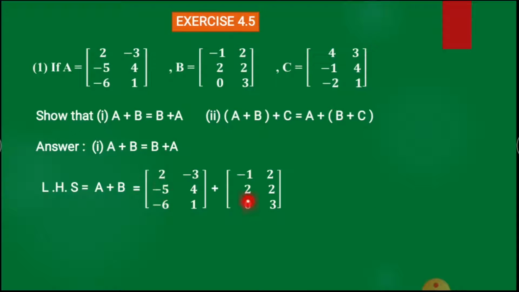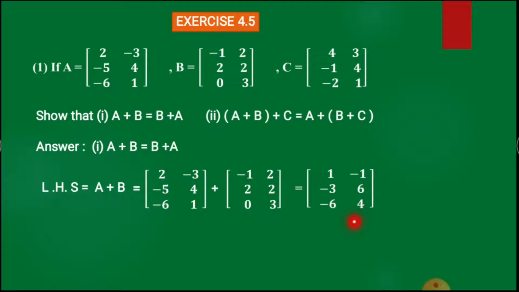So we add 2 with minus 1, minus 3 with plus 2, and for the remaining elements also. So we write 2 minus 1 as plus 1, minus 3 plus 2 as minus 1, minus 5 plus 2 as minus 3, 4 plus 2 as 6, then minus 6 plus 0, that is minus 6, and 1 plus 3, that is 4.